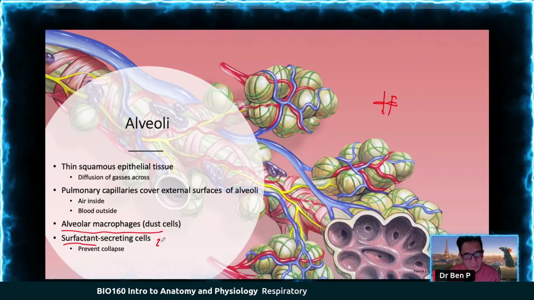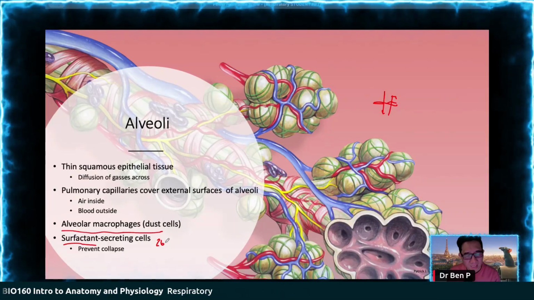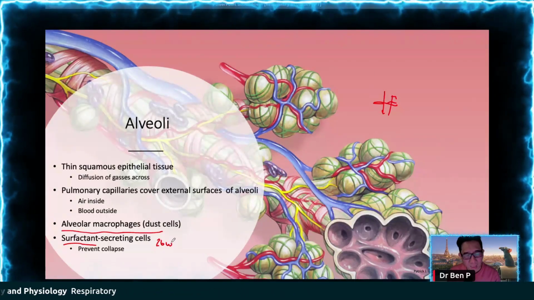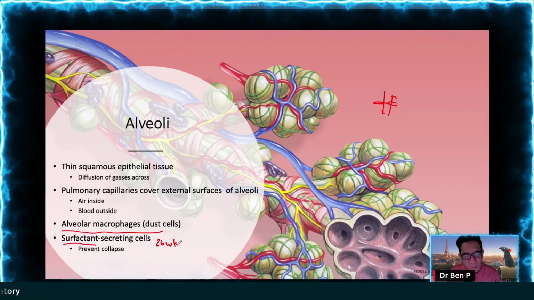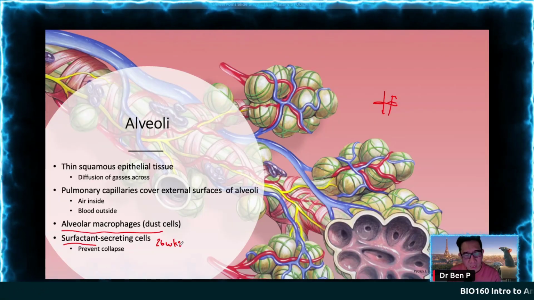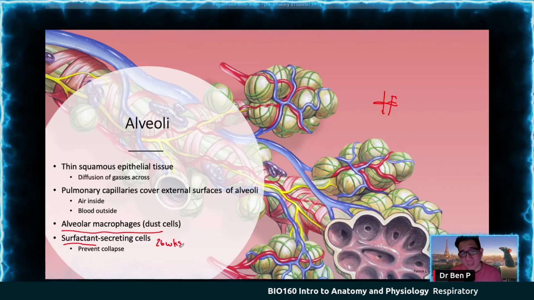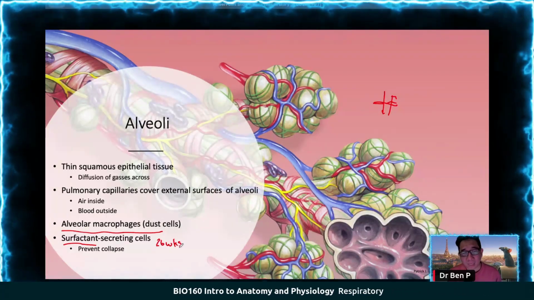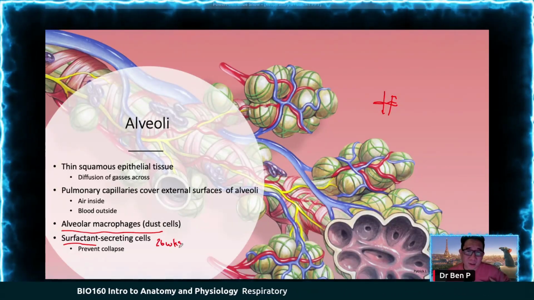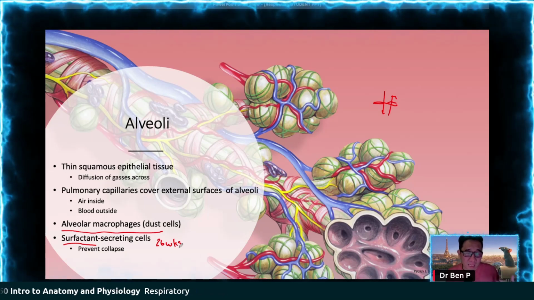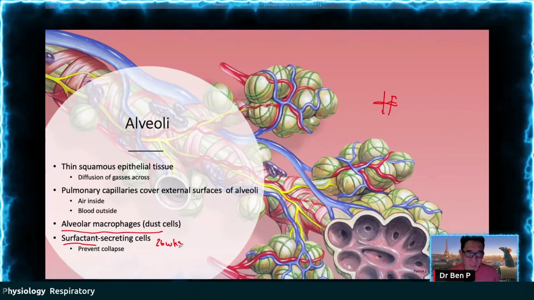We develop this starting at about 26 weeks of gestation, and that's a key term to remember: 26 weeks of gestation. Why should you know this? Because at 26 weeks, your lungs start working. This is where your lungs start to be able to breathe on their own.